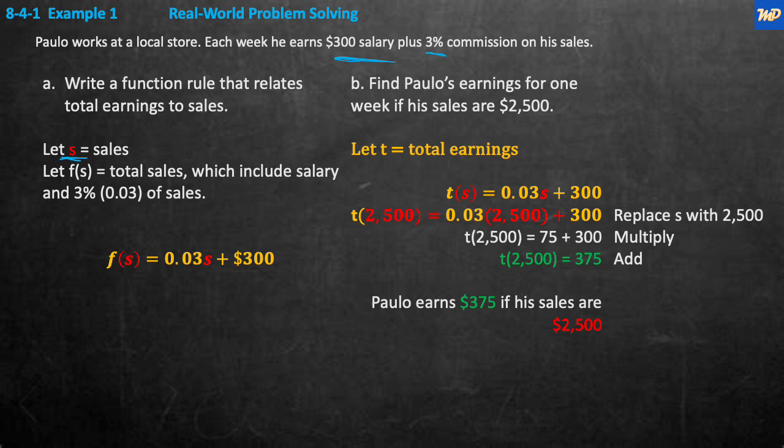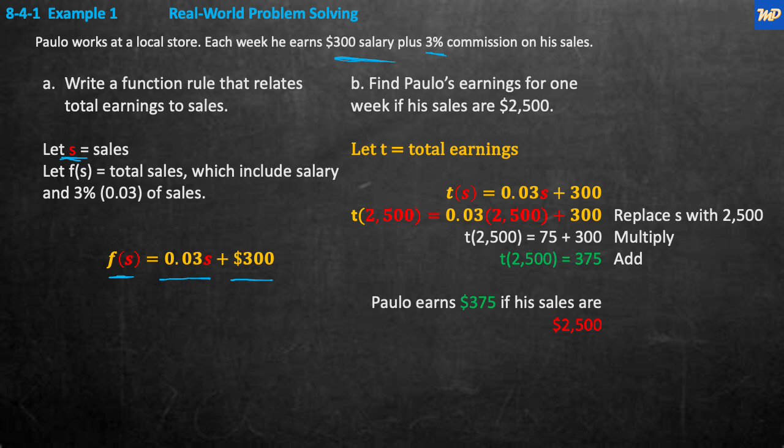So f of S, the function of the domain S, is equal to 0.03 of the sales plus $300 salary. There's the function rule.